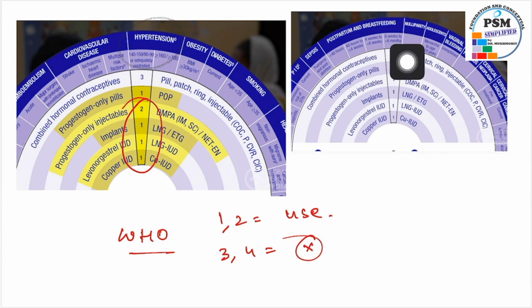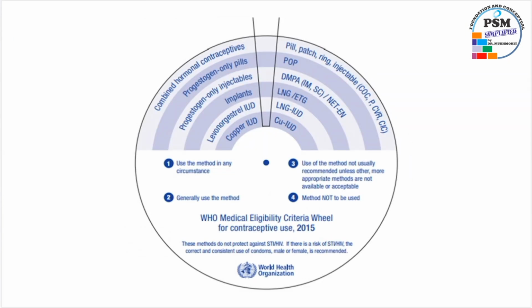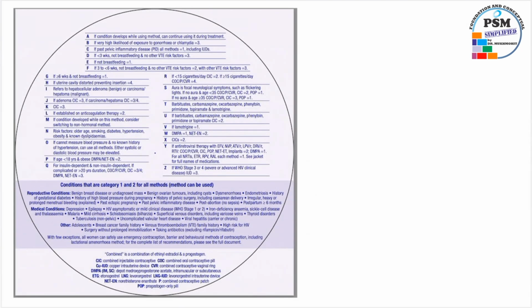Can you see over here 3G or 1? So what is this G? If you just look at the backside of this contraception MEC wheel, you can see that G stands for if the female is more than 6 weeks after delivery and the female is non-breastfeeding.